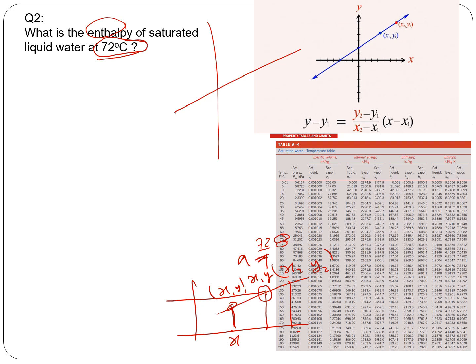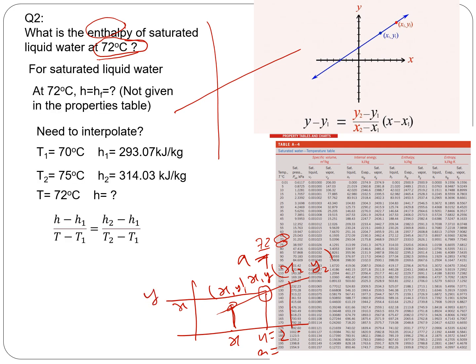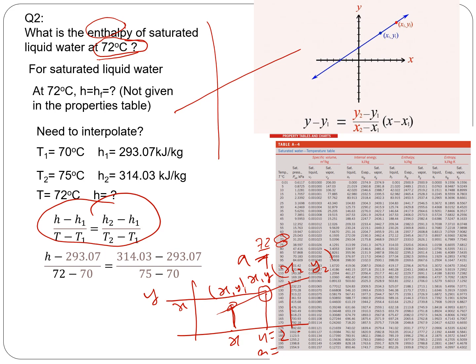You can find y when x is given, or find x when y is given. It has to be just one unknown. So you can use this formula whichever way you want. If you write it in terms of y and x, it is (y2 minus y1) over (x2 minus x1) equals (y minus y1) over (x minus x1). This is the formula you can use to solve the problem.